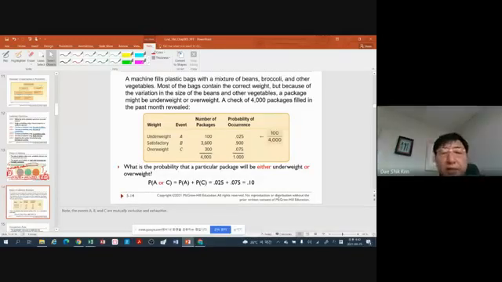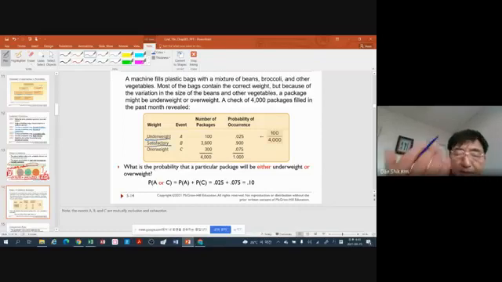A machine fills a plastic bag with a mixture of beans, broccoli, and other vegetables. Most of the bags contain the correct weight, but because of variation in the size of beans and other vegetables, a package might be underweight or overweight. There are three possible outcomes: underweight, satisfactory, and overweight.